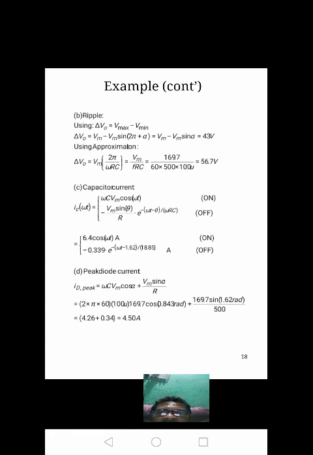Then we will get 4.26 plus 0.34. Finally we will get an answer 4.5 amperes. The peak diode current value is 4.5 amperes. This is the final conclusion of the example problem.